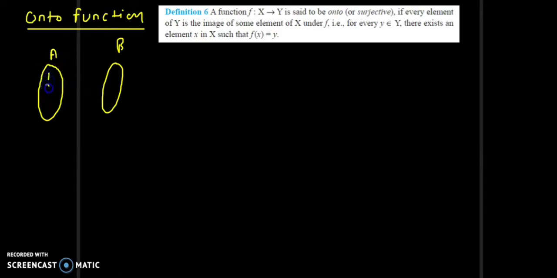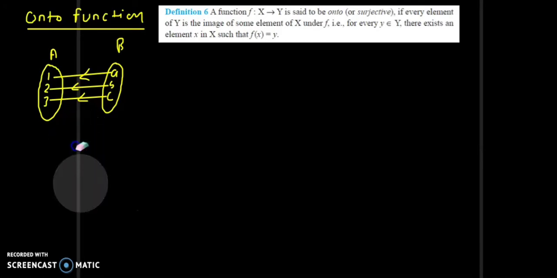Now suppose 1, 2, 3 and a, b, c. If you observe, all the elements of B are having an image in A, unique is not necessary, then it is called an onto function.